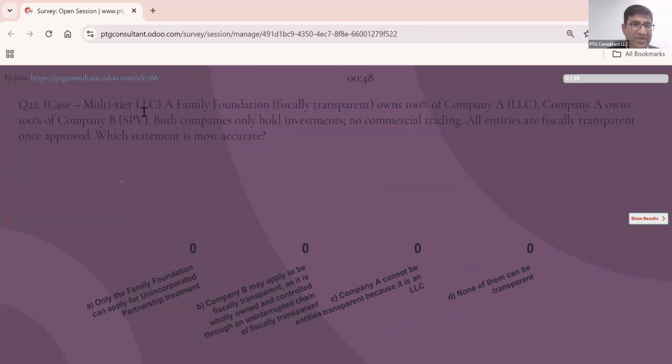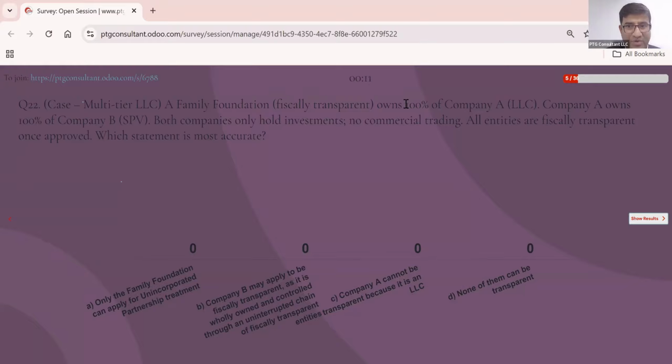Now this is the multi-tier LLC. Here is the multi-tier.